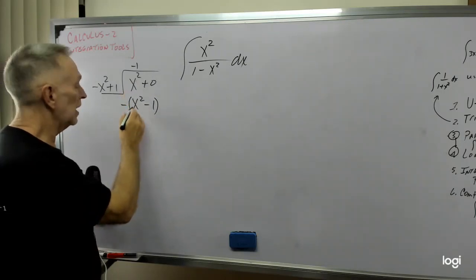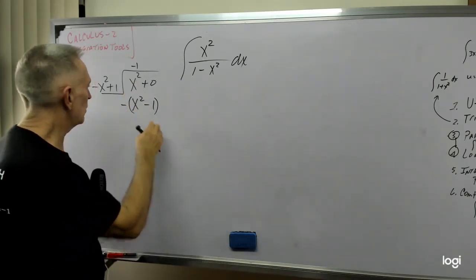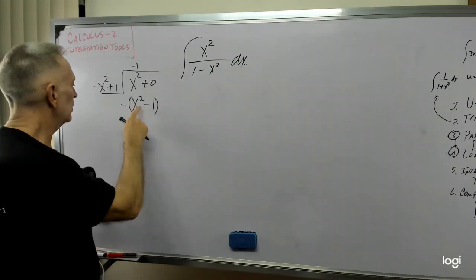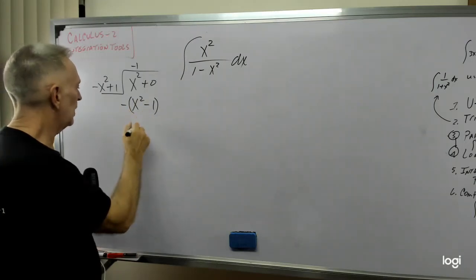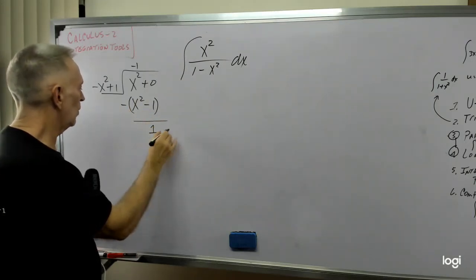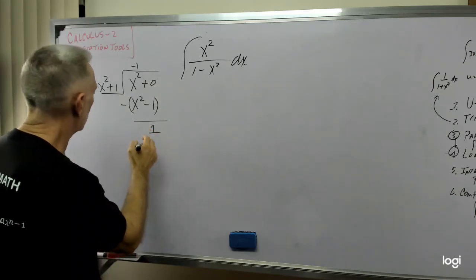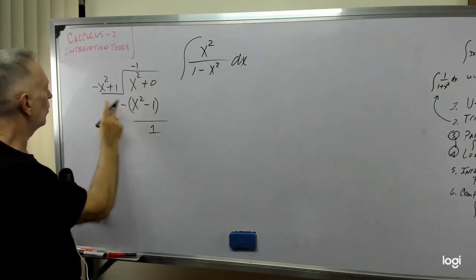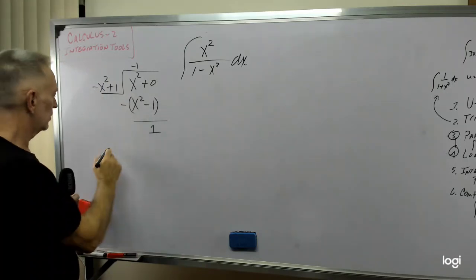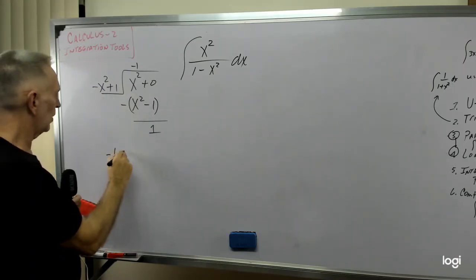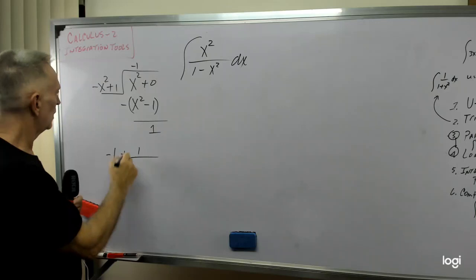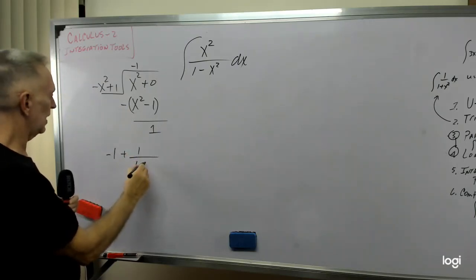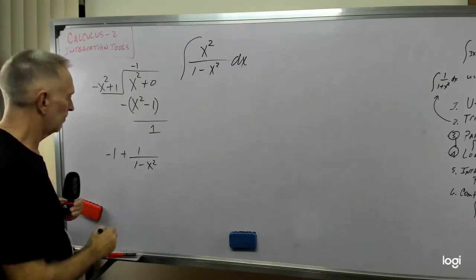X squared minus x squared gives me 0. 0 minus a negative 1 is plus a positive, so that ends up being 1. So I have a negative 1 with the remainder of 1 over this. So I have negative 1 plus 1 over, I'll flip it back around, 1 minus x squared.